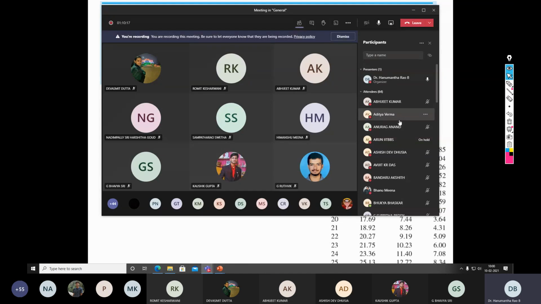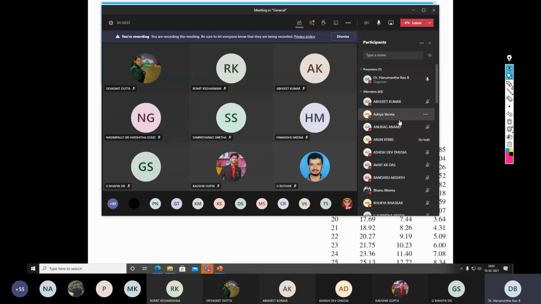Majority of the people are simply logging in and going somewhere. Ashish Dev. Yes, sir. Can you tell me what is the equation? Wait, sir. Okay, no problem. Those who know the equation, please try to substitute everything.